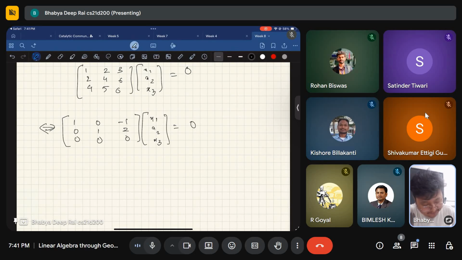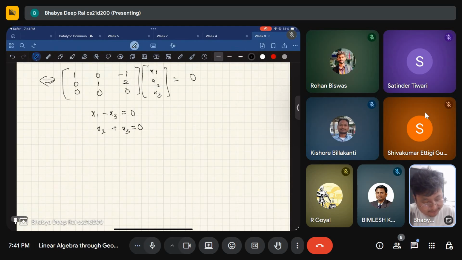So what do you have? You have x1 minus x3 equals 0 and x2 plus x3 equals 0. Then you have x1 equals x3 and x2 equals minus x3, right?